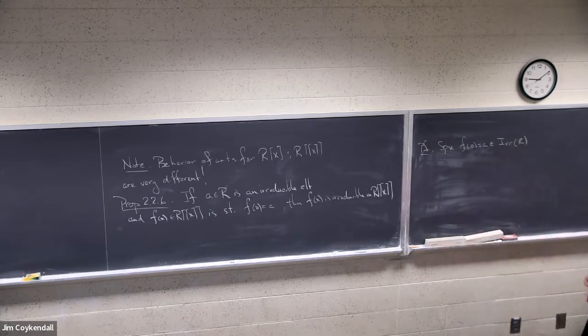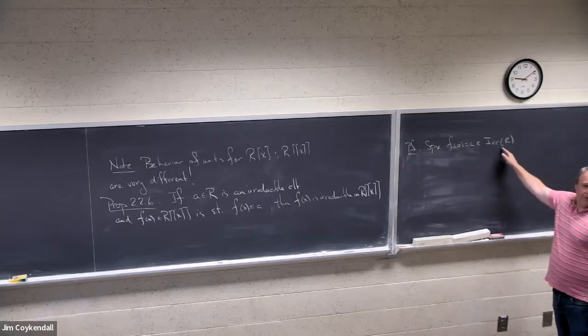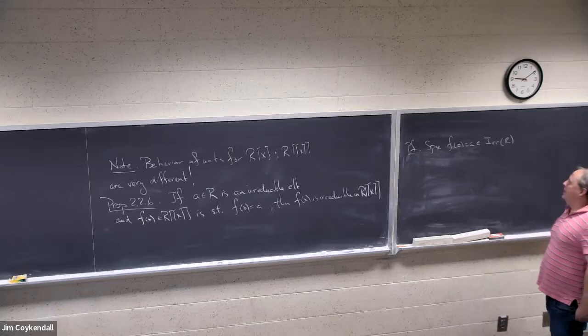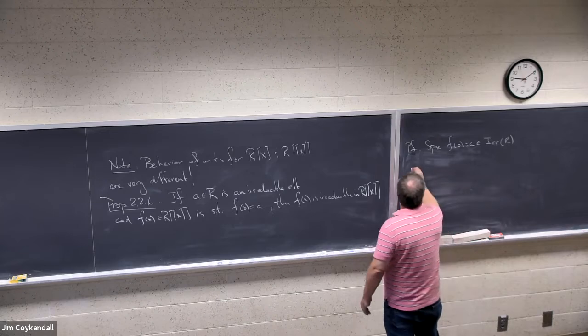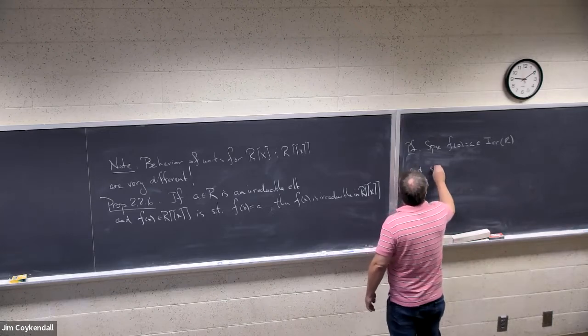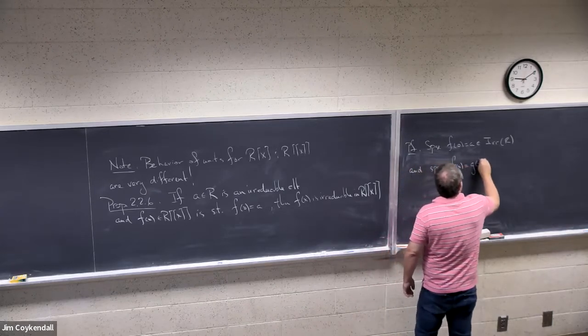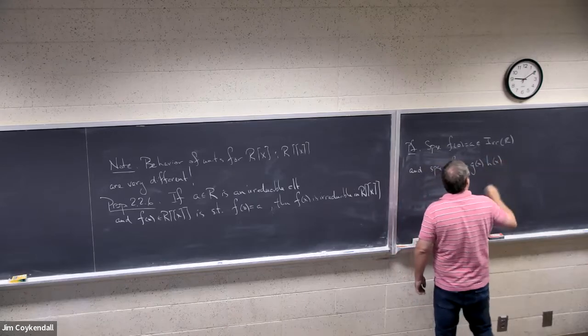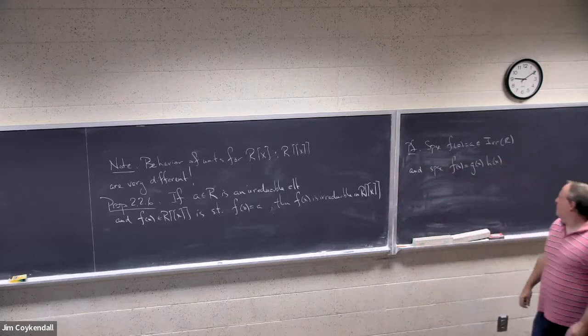Sometimes I'll use that notion to denote the irreducible elements of an integral domain. And keep in mind that for some integral domains, this could be the unit set. Suppose f(0) is a, which is irreducible, and suppose f(x) is g(x)h(x). I claim that one of these two has to be a unit.